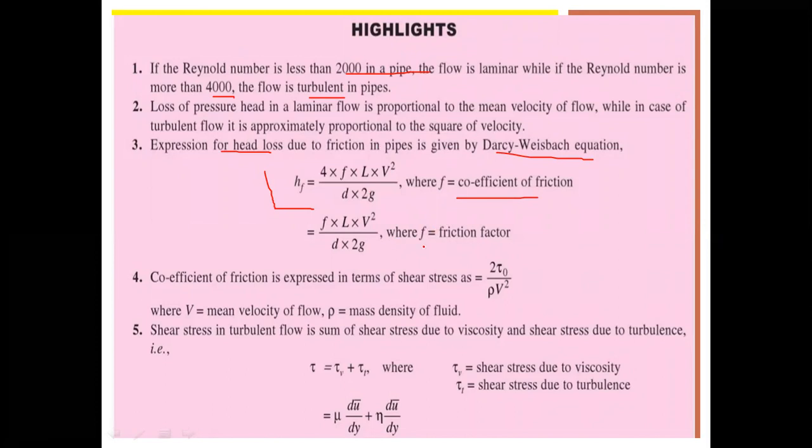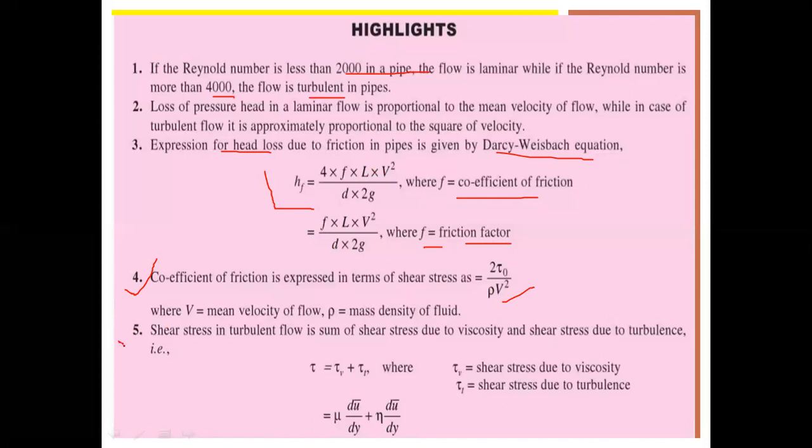Then that is equal to f into L into V square by D into 2g, where f is the friction factor, L is the length of the pipe, V is the velocity, D is the diameter, g is gravity. Therefore, the coefficient of friction is expressed in terms of shear stress as 2 tau naught by rho into V square, where V is the mean velocity and rho is the mass fluid density.